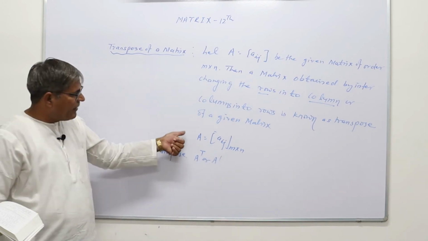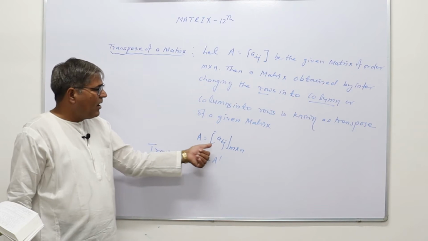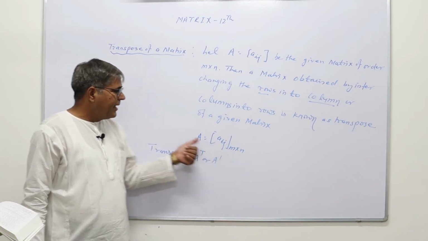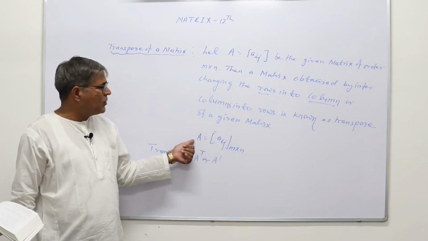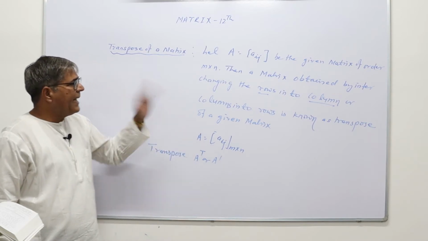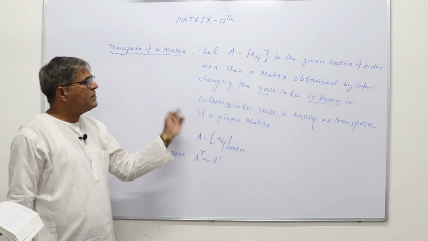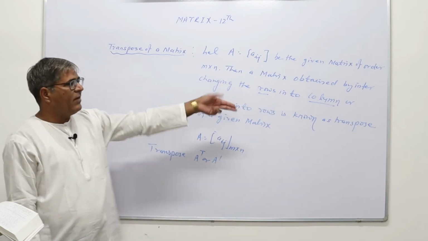If the given matrix is A having elements Aij of the order m cross n, then how will we obtain the transpose of the given matrix? By interchanging the rows into columns or columns into rows. Any one we have to do.